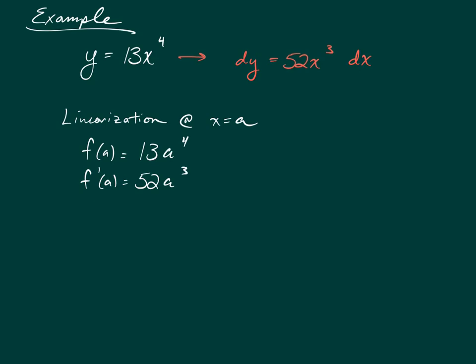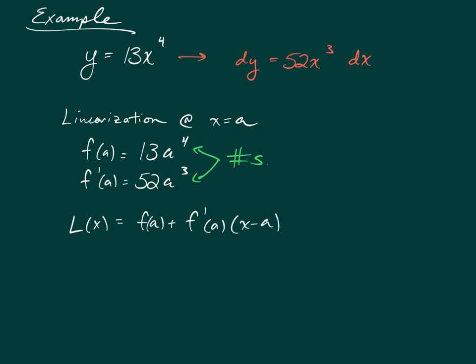But one thing you'll want to keep in mind is that both of these values are numbers. These are both numbers because we picked a specific number to substitute in for x here and here, so we get numbers back. So the linearization then, L of x equals f of a plus f prime of a times x minus a.